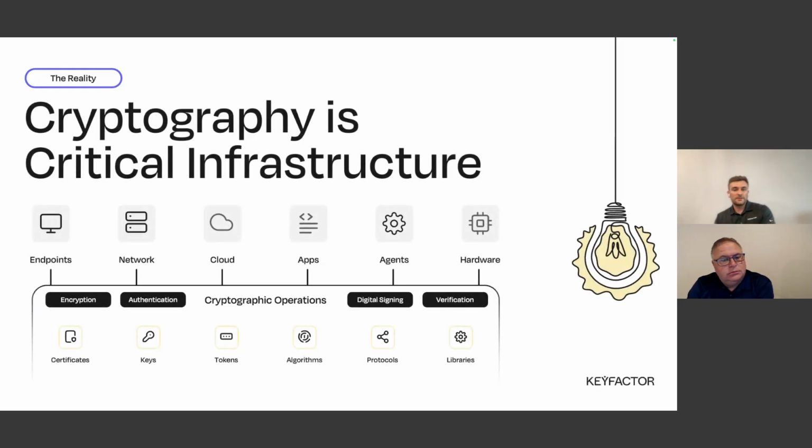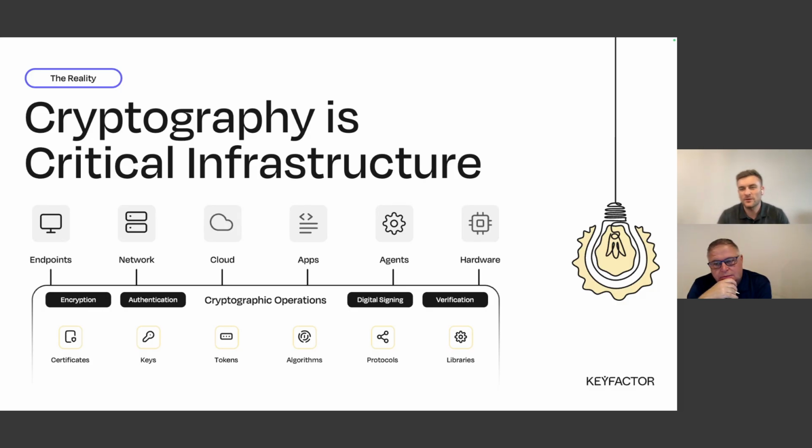All right, so enough intro. Let's start shedding some light on cryptography, because it's not just a technical detail, right? It's critical infrastructure. Sorry, I had to, Chris. Of course, we know that under every environment, there are different types of assets: keys, certificates, algorithms, protocols, libraries, the things that are listed here.